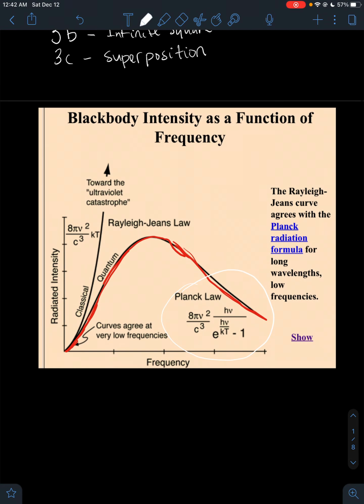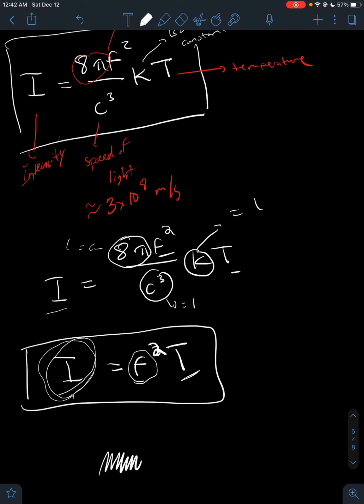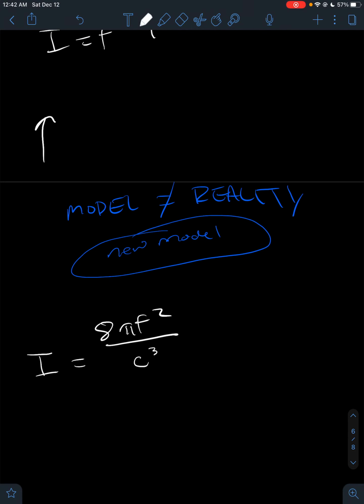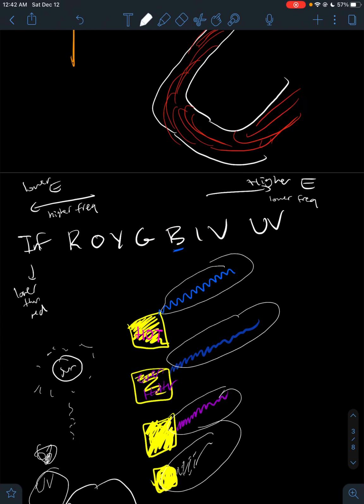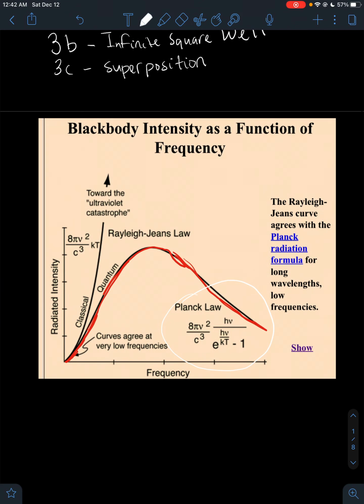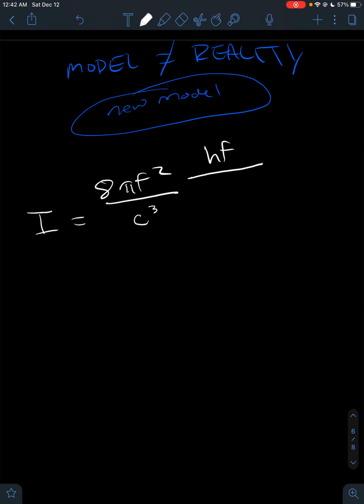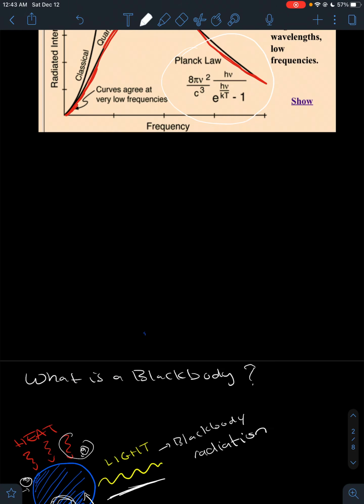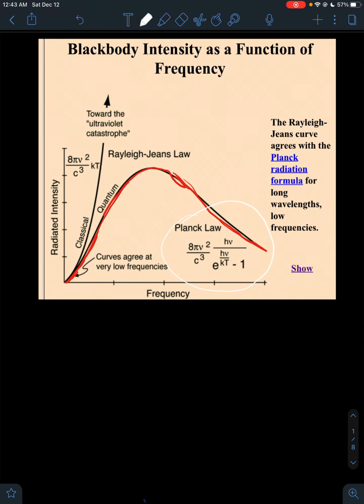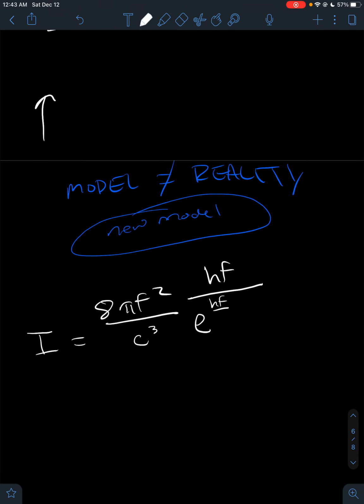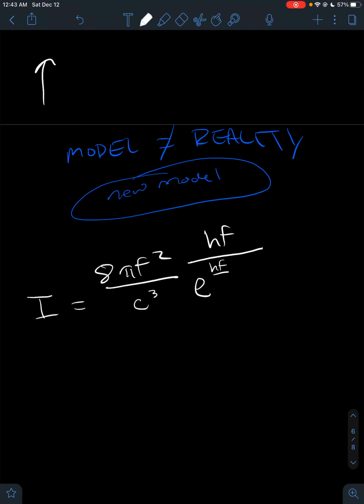times hf over e to the hf over kt minus 1.